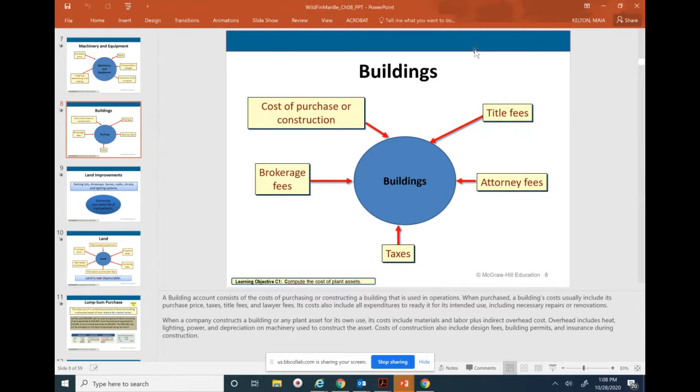When TCC purchased their Trinity River campus, which is downtown Fort Worth, from Radio Shack, they bought the whole campus, they paid cash, but then they had to incur millions of dollars in addition to that cash purchase price to convert office buildings into usable space for instruction.